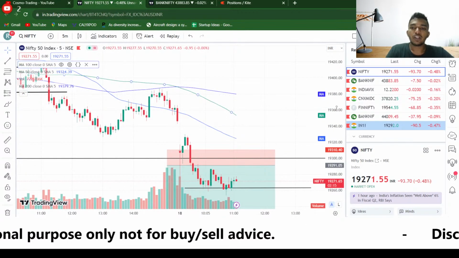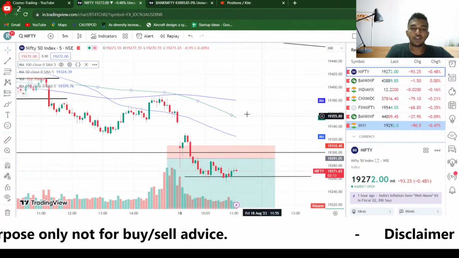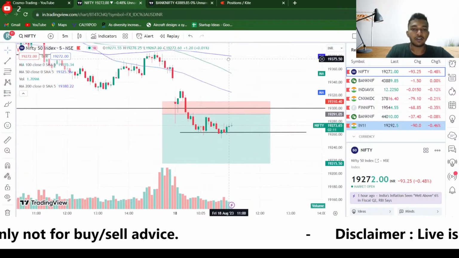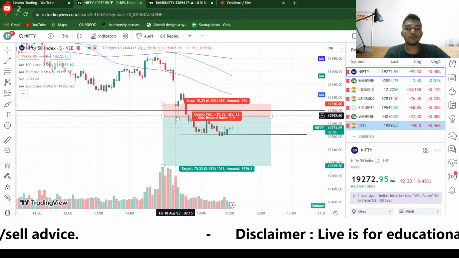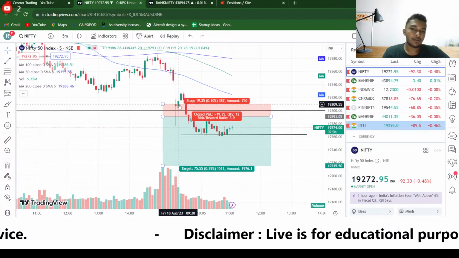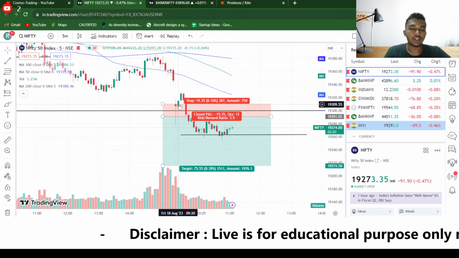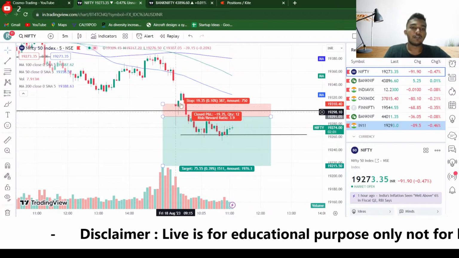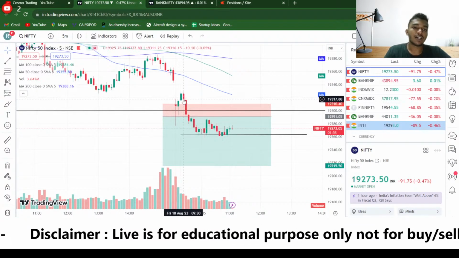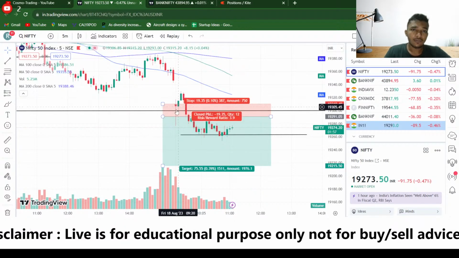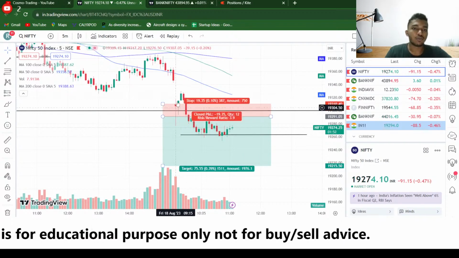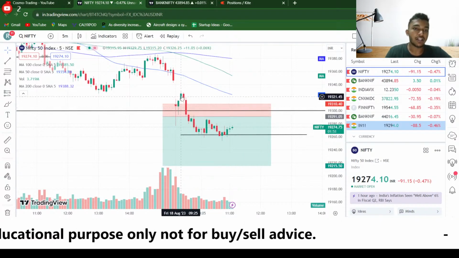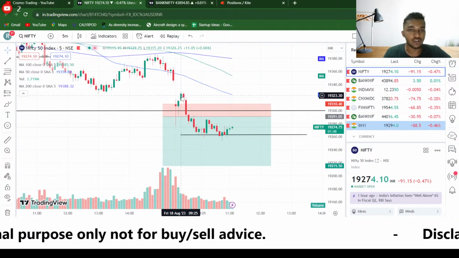So in the morning, Nifty tricked many traders. The traders who entered after the breakdown of 19,300 got trapped. My stop loss got hit in the morning itself on the first trade. Then I took the second trade for an upside, when Nifty showed a nice bullish hammer candle, and it also gave a confirmation to this bullish hammer candle.